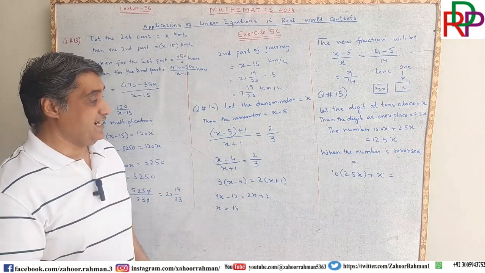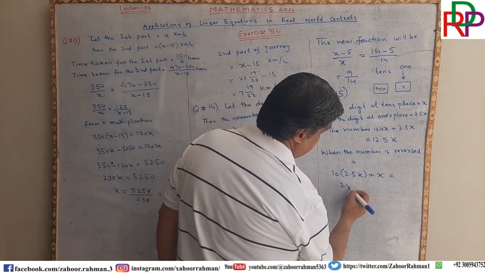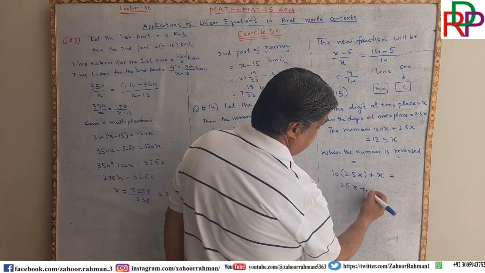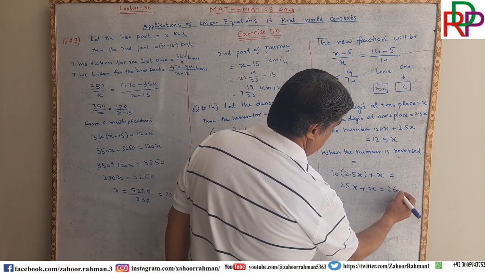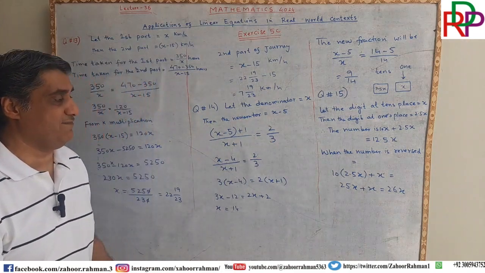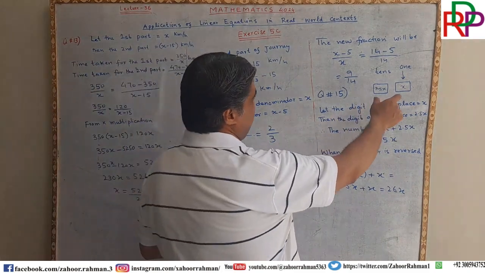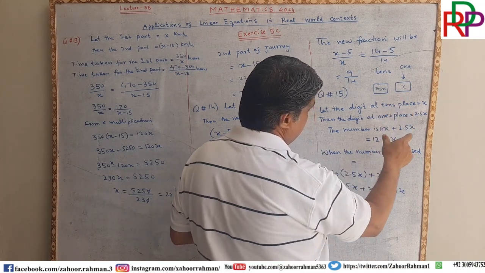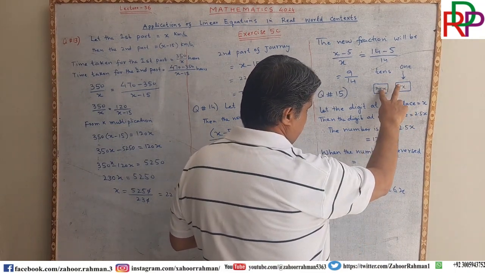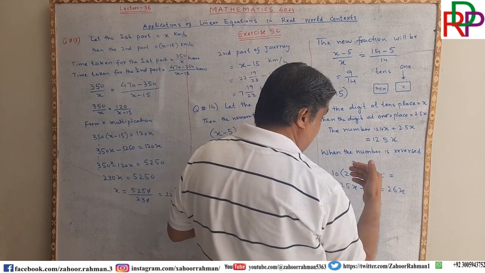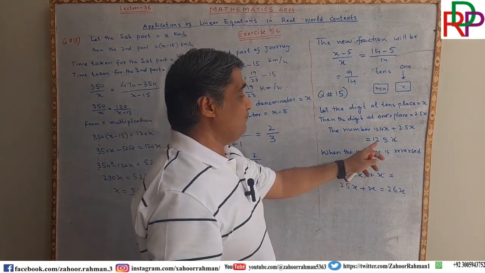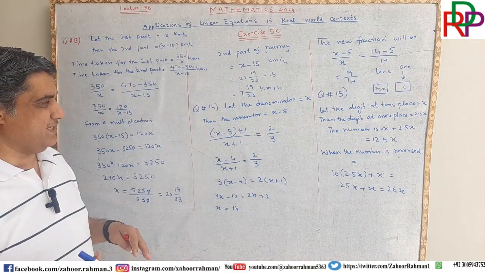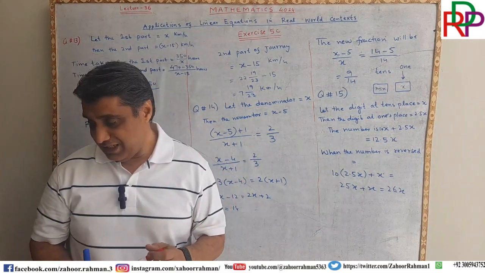So it means 25x, we change the position, 25x plus x, which is equal to 26x. Now we will find the difference. When the number was originally there, this was the situation. When the numbers are reversed, then this is the situation. Now we have to find the number before reversing it, and after reversing it we will find the difference.